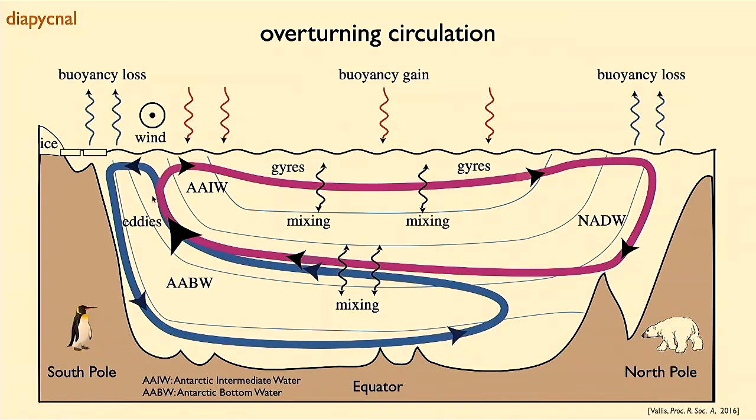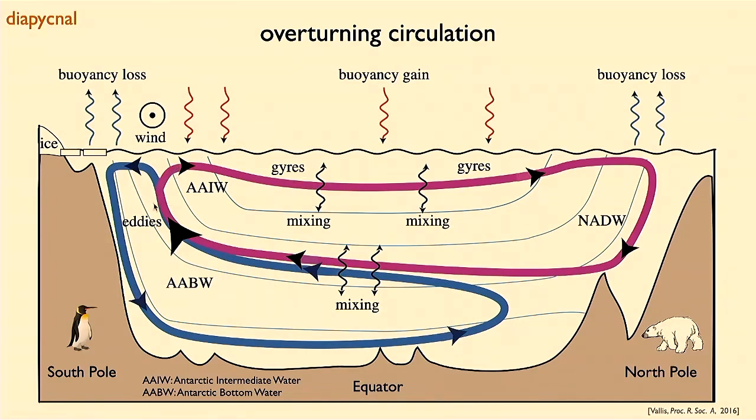In this schematic, you see what we call the overturning circulation for the ocean. It looks like that. There are two big cells. One cell goes like that. This is what we call the deep cell, and this is the, I don't even know if you call it narrow, shallow cell, the top cell.